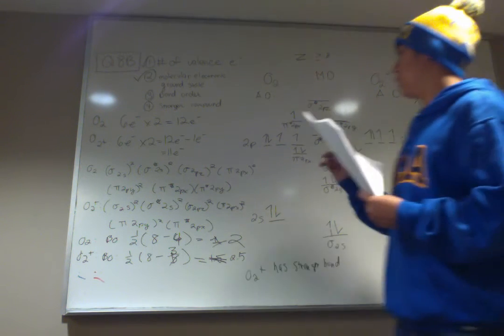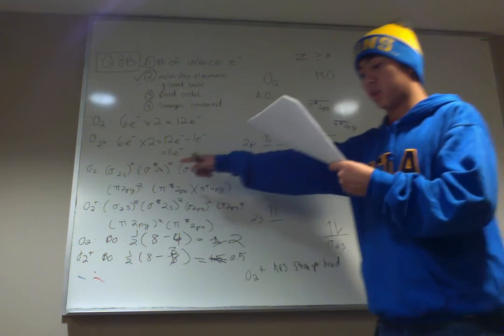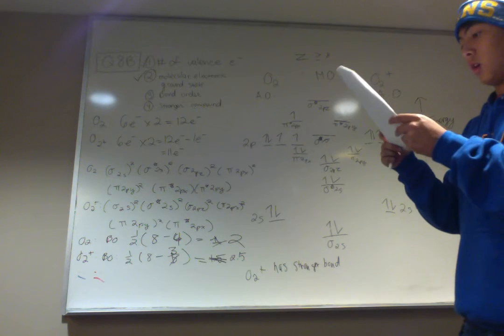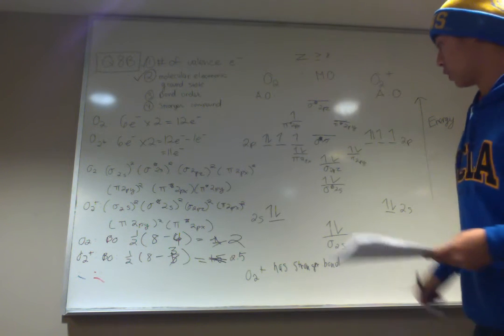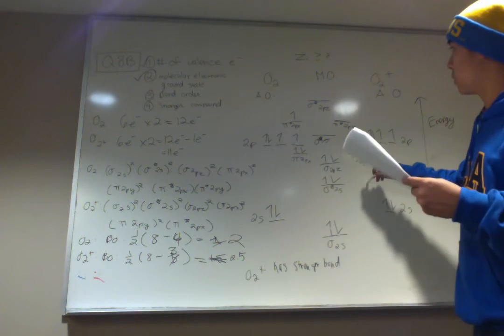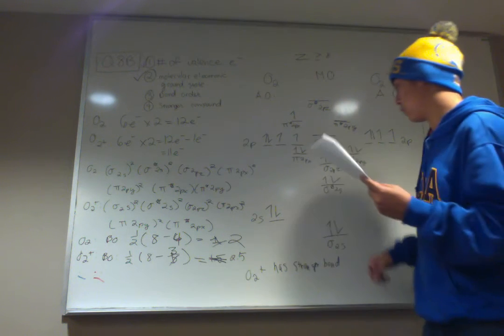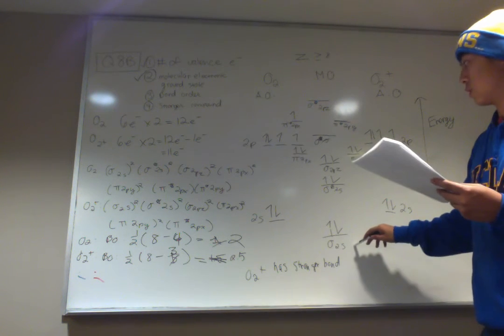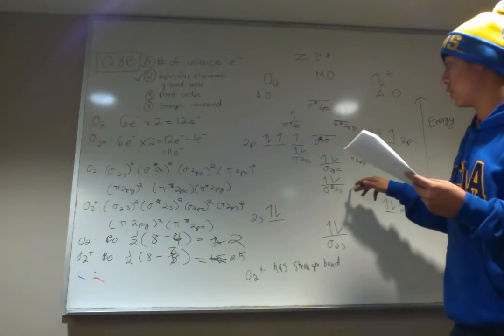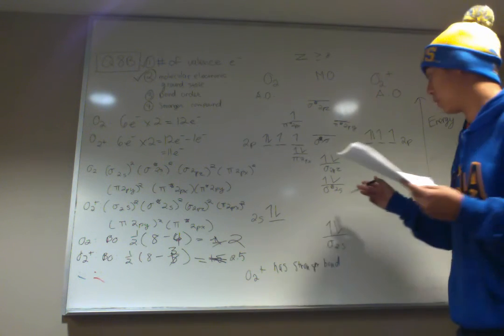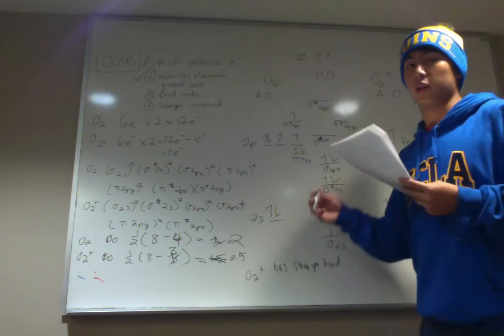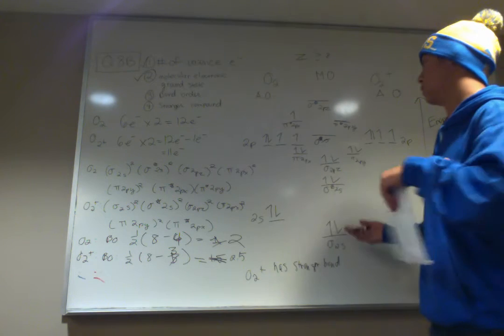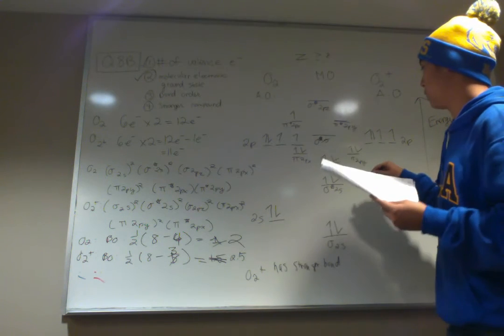So for the molecular electronic ground state for O2, we're going to fill in our molecular orbital theory diagram. It will give us sigma 2s, sigma star 2s, which represents the antibond. Anytime there's an asterisk, that represents an antibond in the molecular orbital theory diagram.